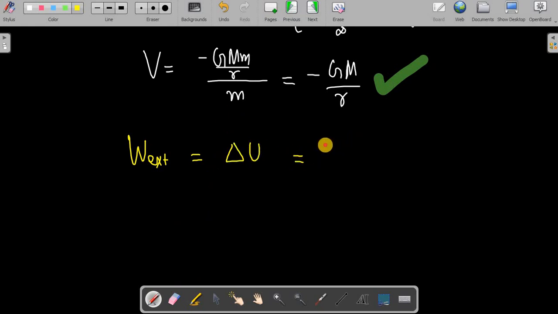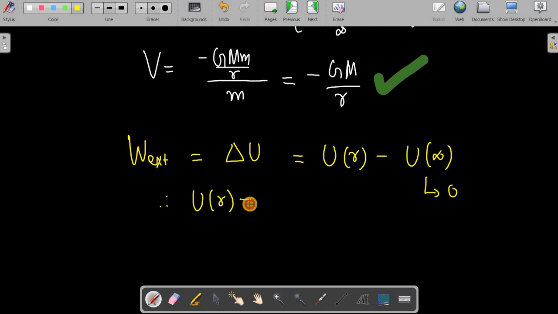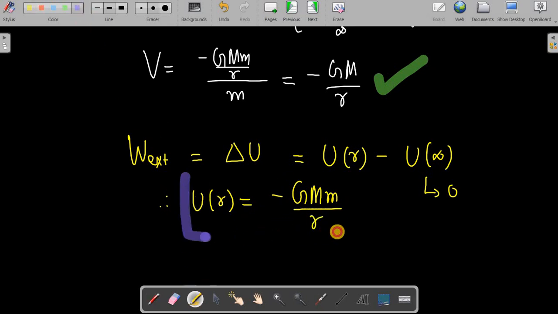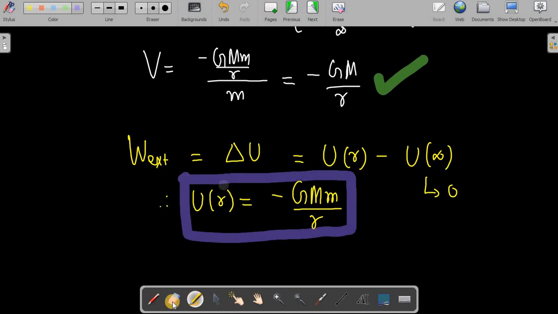So we have the potential energy at that location r minus the potential energy at infinity, but here we are keeping the potential energy at infinity to be 0. So the work done formula which you have got, minus GMm by r, is the potential energy at that location.